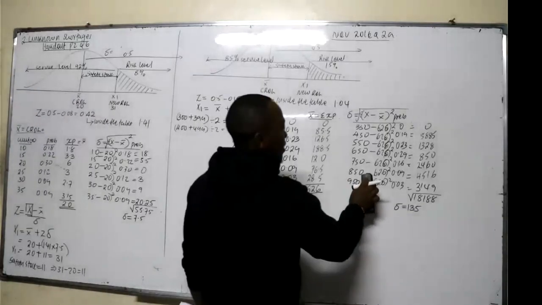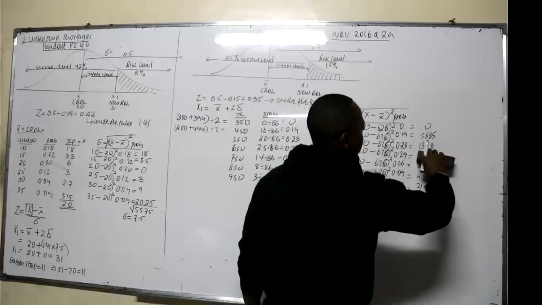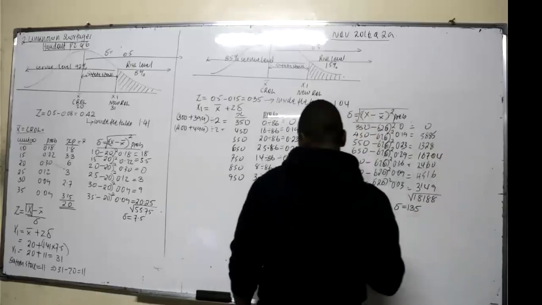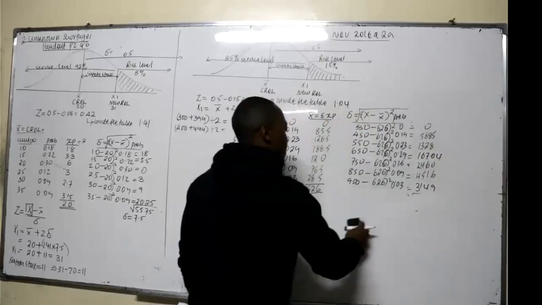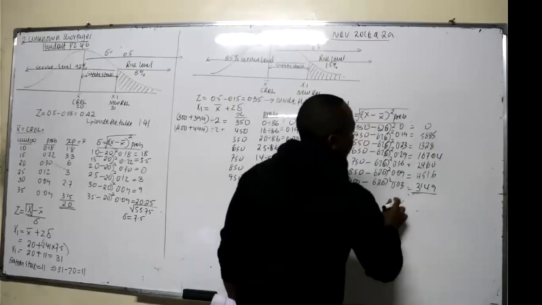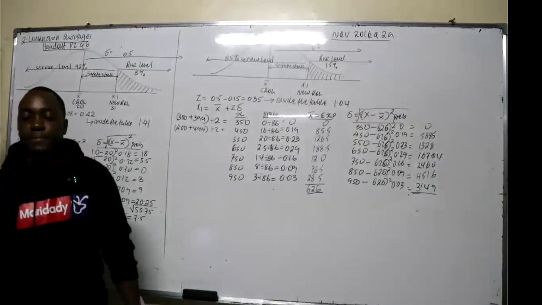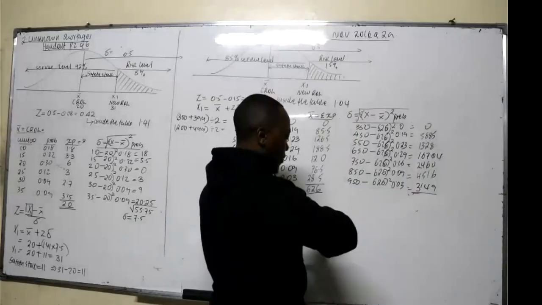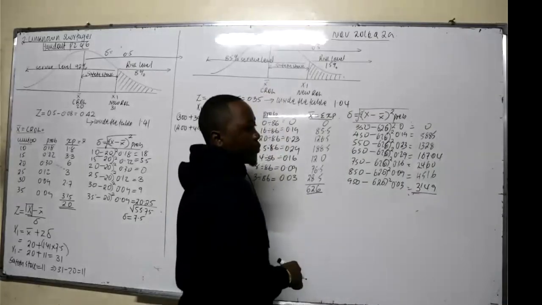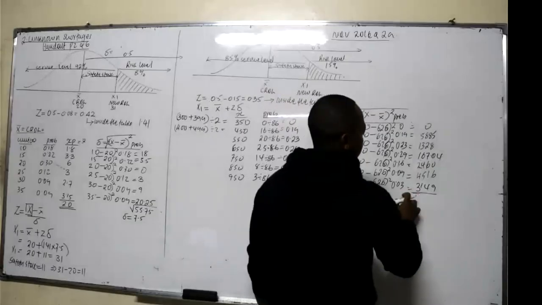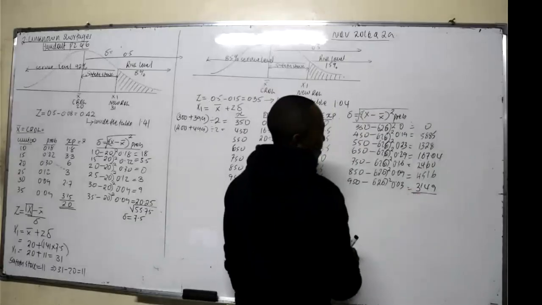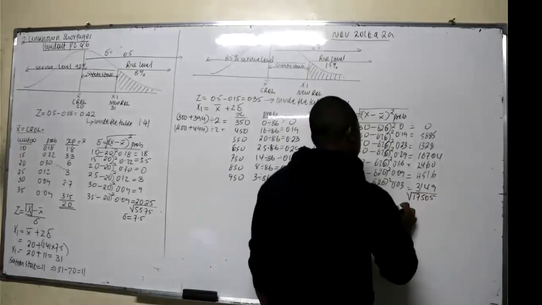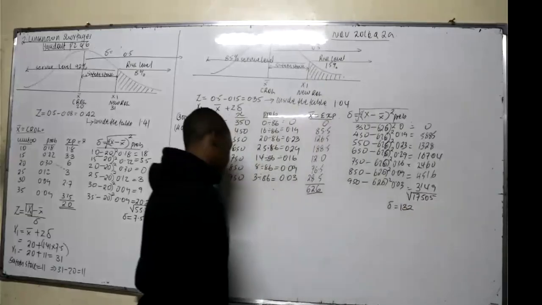What about 650? First of all, get the total. The square root, you get one... Good.